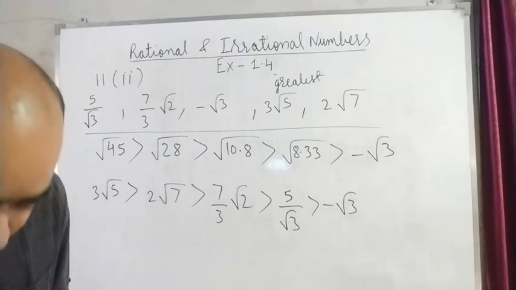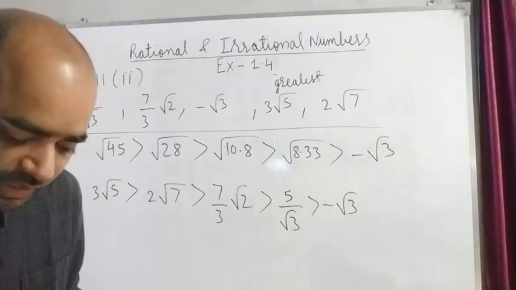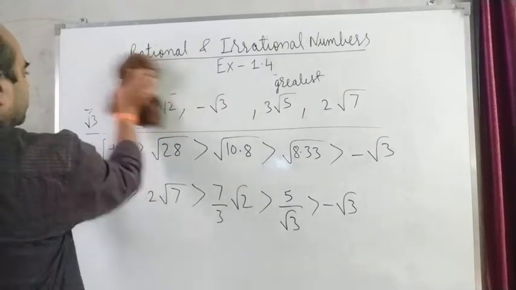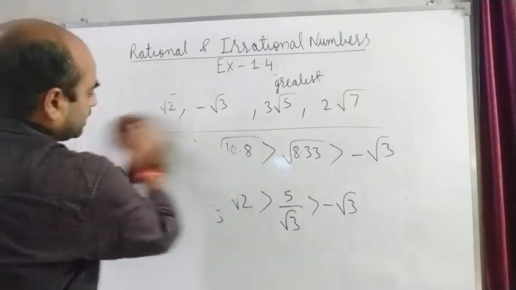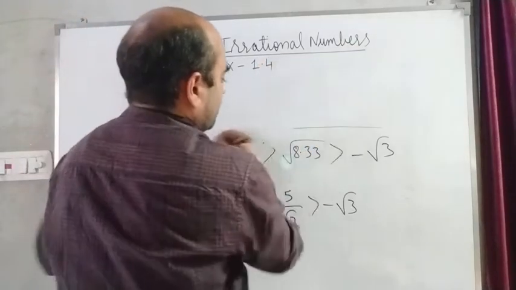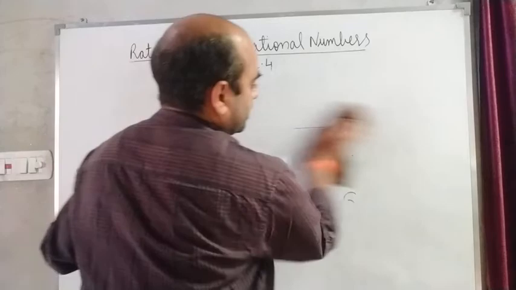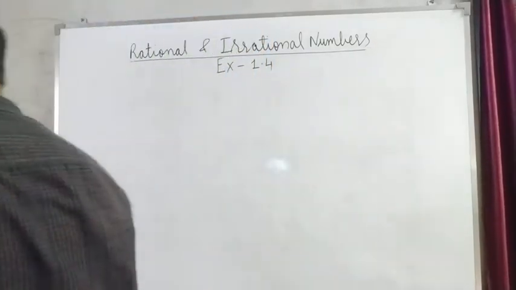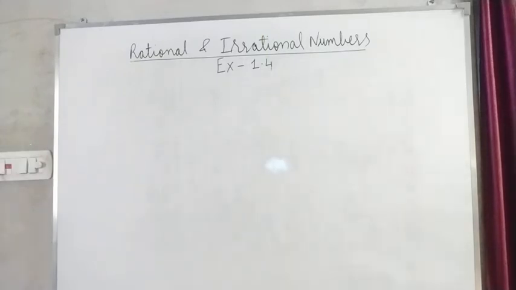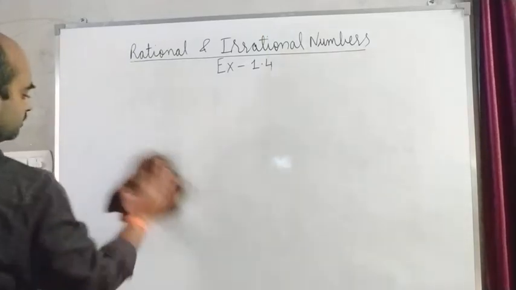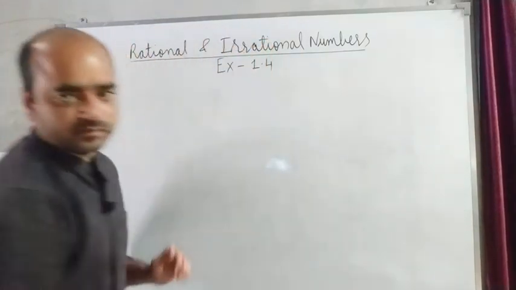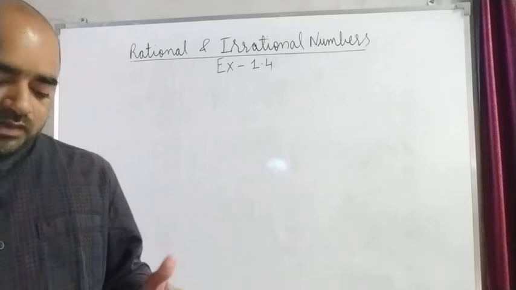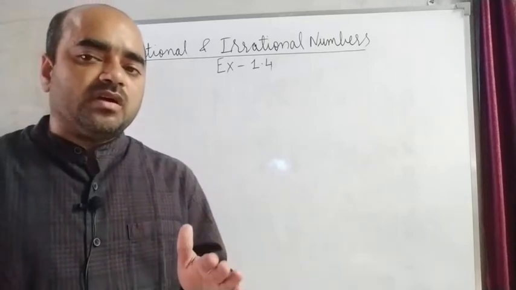Clear? Now last question is arrange the following numbers in ascending order. This question is a little bit different. Why? Since in this question the order of the radicals are different. In questions number 9, 10, 11, all the radicals are of order 2.